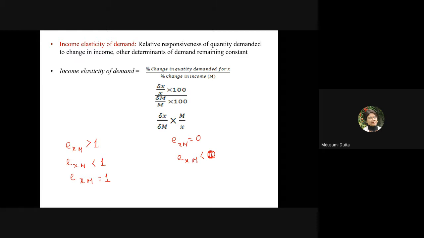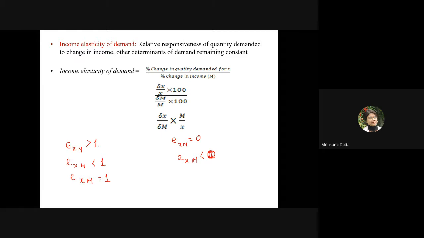So if this happens, percentage change in demand is greater than that of percentage change in income, and in that case we consider the commodities as luxury goods. Alternatively, if E is equal to 1, that is coming in the category of the normal good. Normal good. Okay.